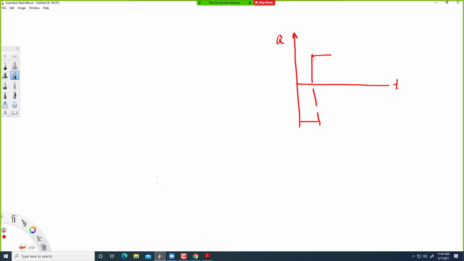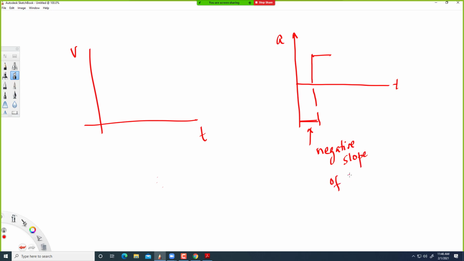Did you say E? So this is negative. So the velocity corresponding to this should have negative slope, okay, negative. This is positive slope of VT graph. Because this represents the slope of the VT graph.